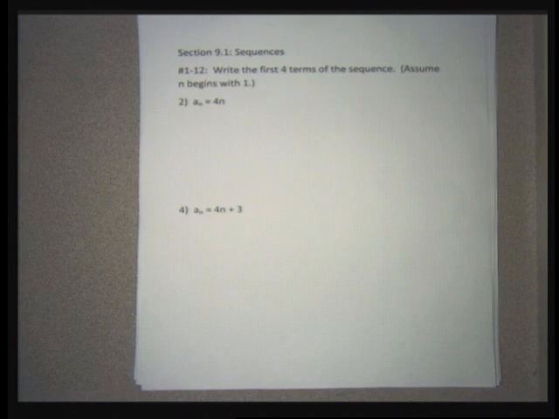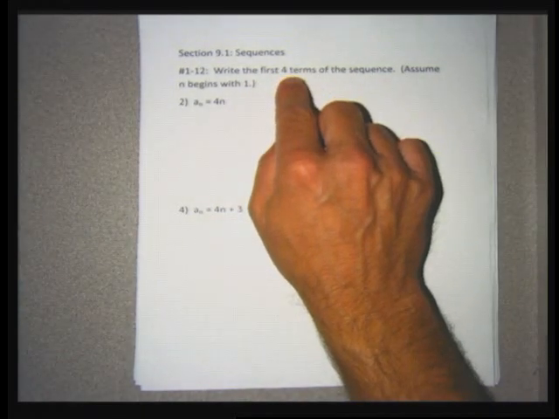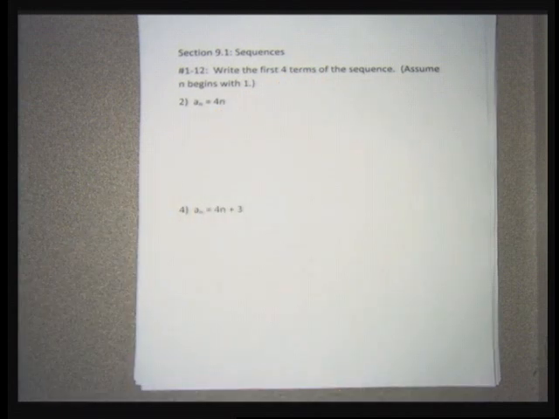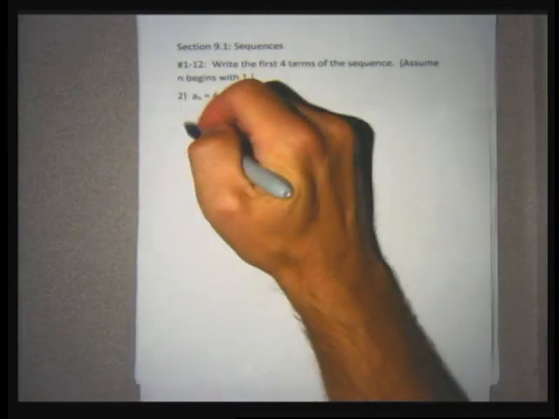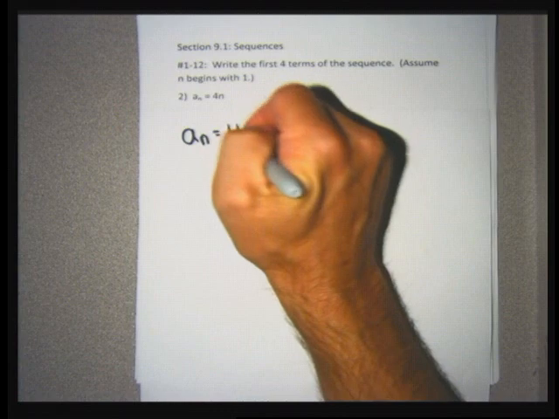I'm asked in the instructions to start listing the first 4 items in my list of numbers, and I'm given the rule that those numbers follow, and then something that's a little notation that may or may not be familiar to you. So when I look at problem 2, I see this notation a subscripted n equal 4n.